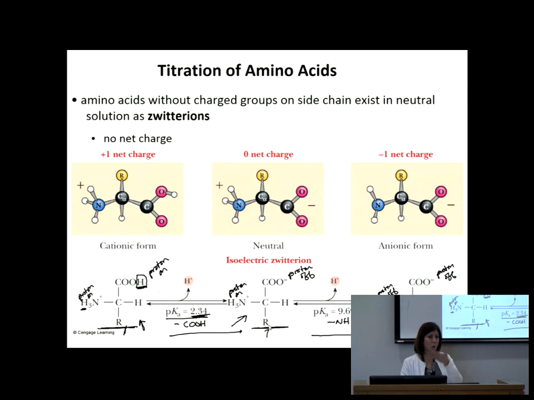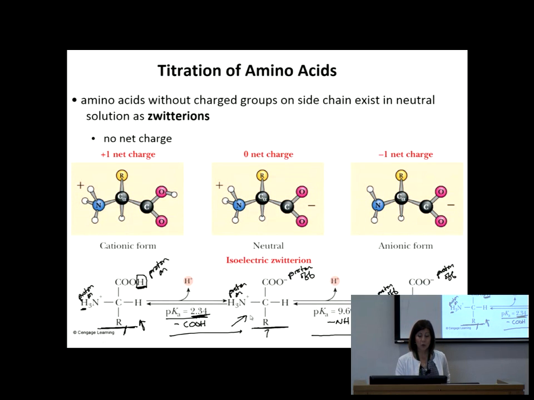It means more. So if we get to pH 2.4, if we have 100, there might be 51 that has the proton off, and 49 that has the proton on. But if I ask you what the predominant form is at 2.4, you're going to tell me the proton off form for that one. Sorry, I'm just getting confused if you change the numbers. The pKa is always going to be about 2, and the other pKa is always going to be about 9.